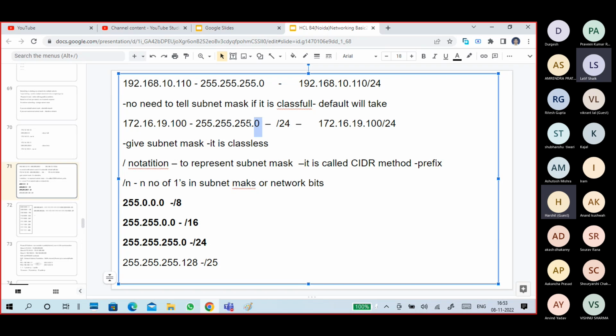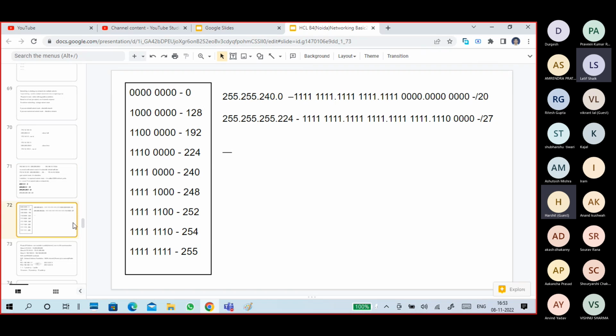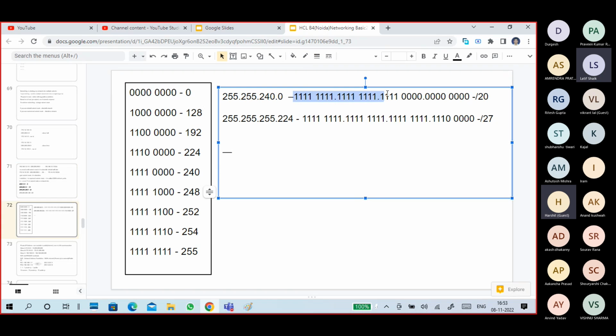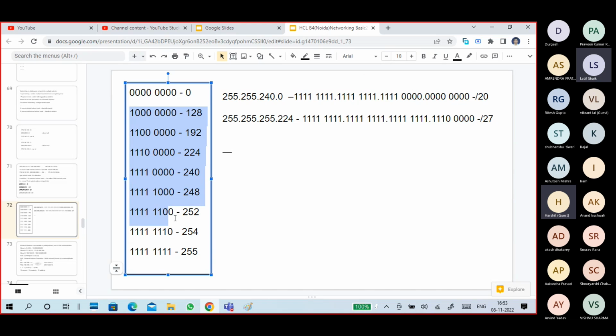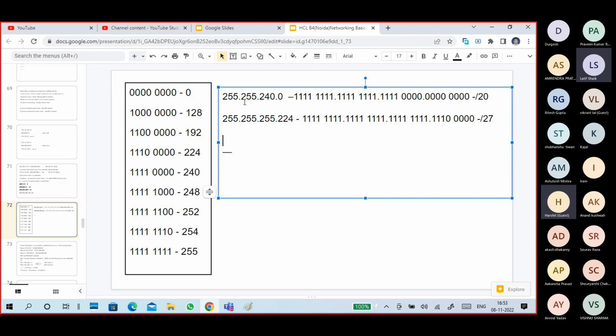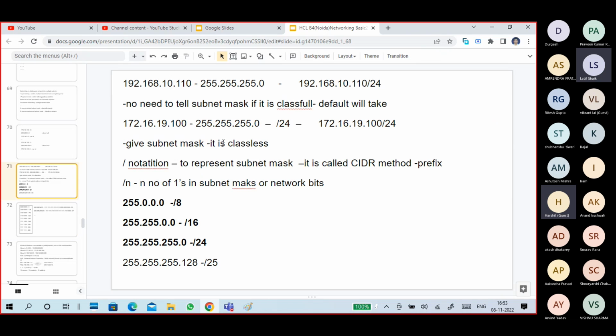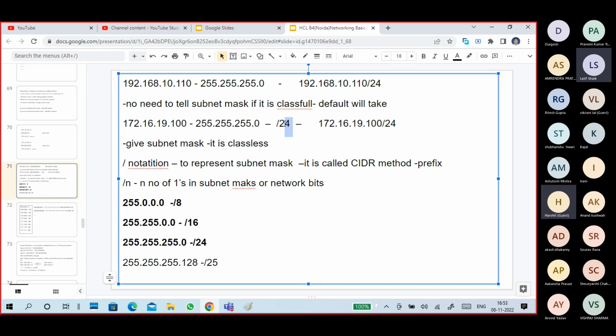Guys, in a subnet mask, all are ones only. It is always 1 1 1 1 1 1 1 and then zeros. Always follow ones like this. Not 1 0 1 0 kind of stuff, that won't be there in the subnet mask. So, what is this slash notation?